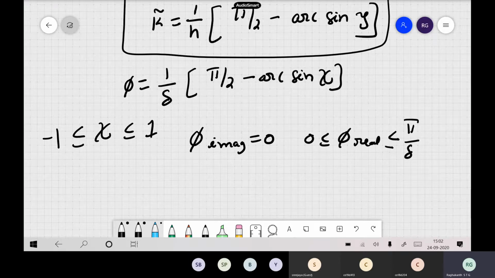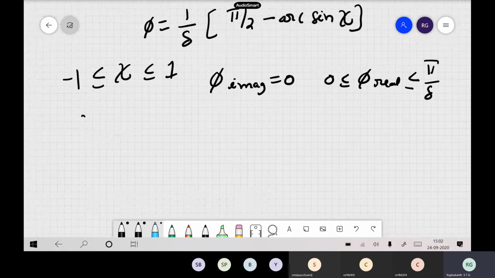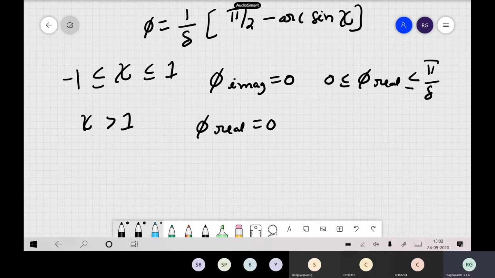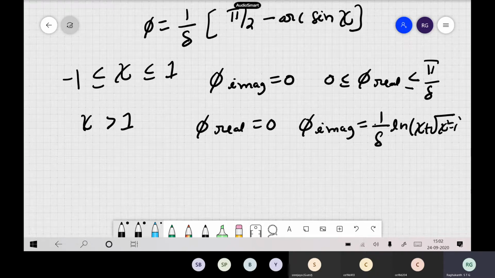Another case we have seen is when psi is more than 1. In this case, phi real is 0 and you have the phi imaginary term, which is 1 by delta times log of psi plus root of psi square minus 1.